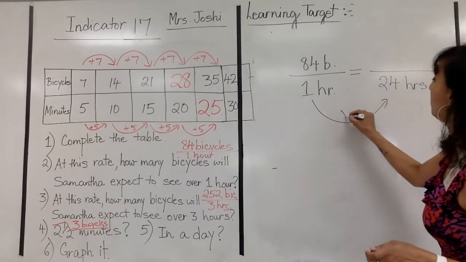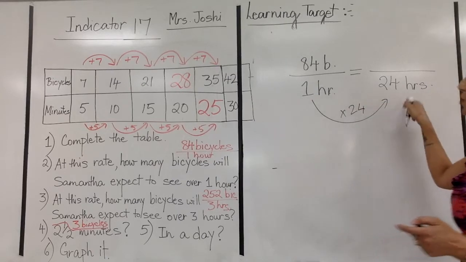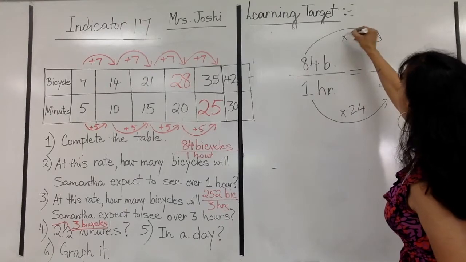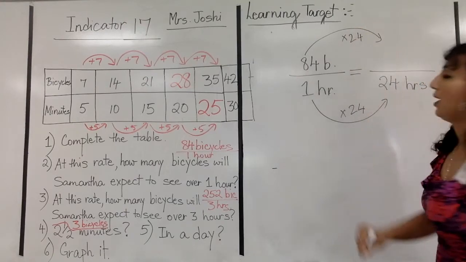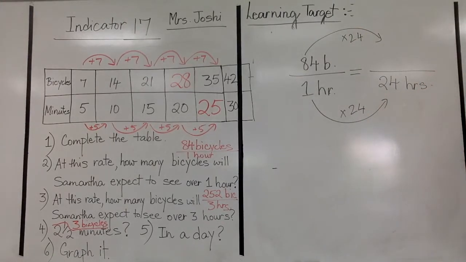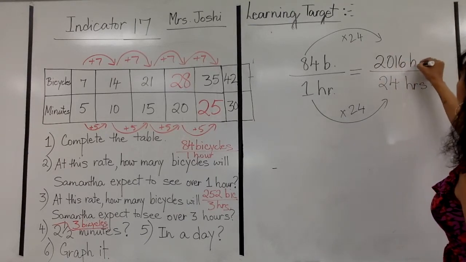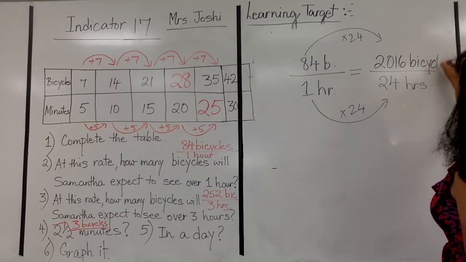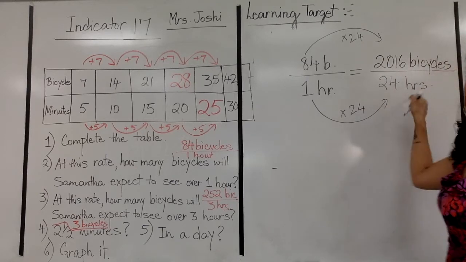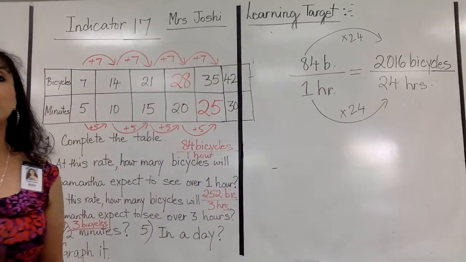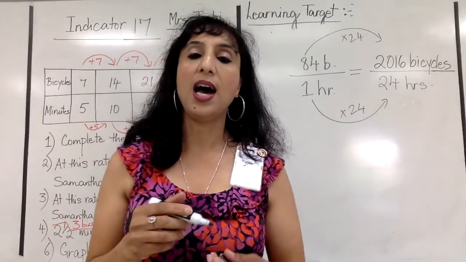So 1 times 24 gives me 24. I do the same thing up here. Okay, 84 times 24, and I will get 2016 bicycles in 24 hours, which is 1 day. Okay, so this is how we calculate.